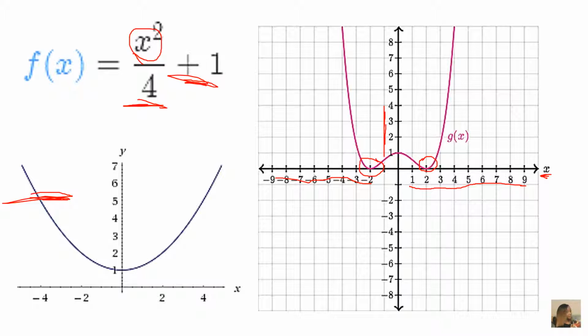So this y-intercept is actually where our minimum value is going to occur, and we see that right here. So the minimum value for f of x is 1, and the minimum value of g of x is 0. Therefore, f of x and g of x do not have the same minimum values, so we can eliminate this answer option.